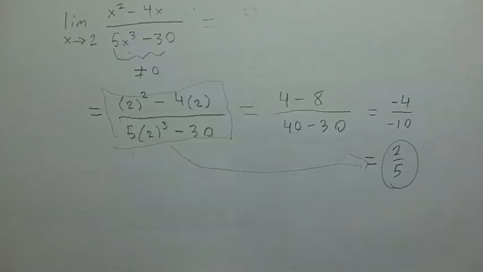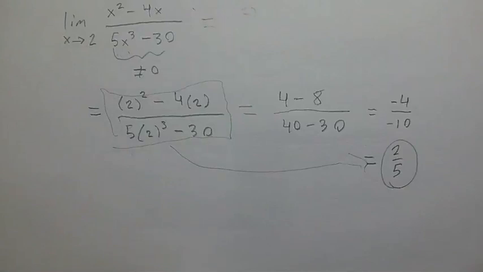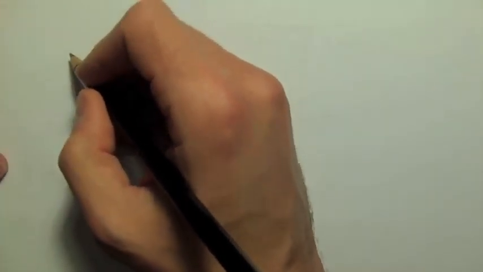That's what makes this able to have an entire chapter on limits, is what happens when we get division by 0. All right, so let's look at another example. Let's try this limit here.